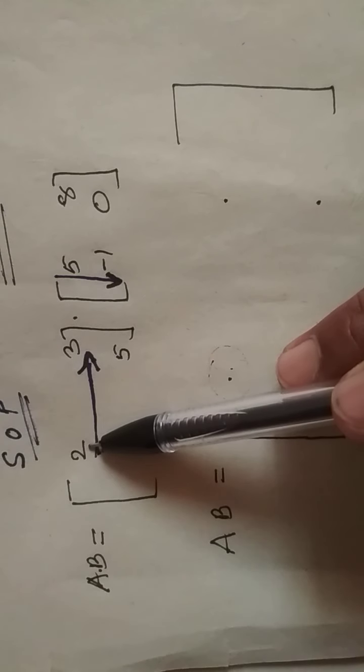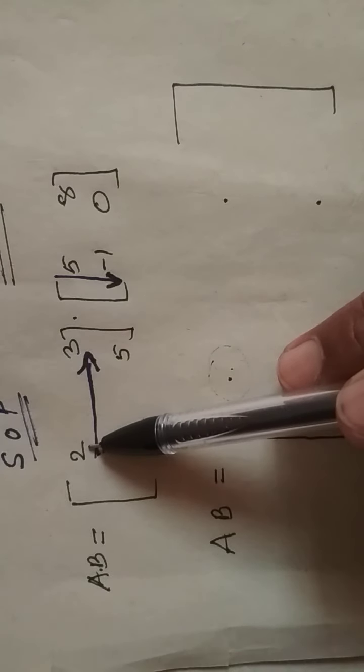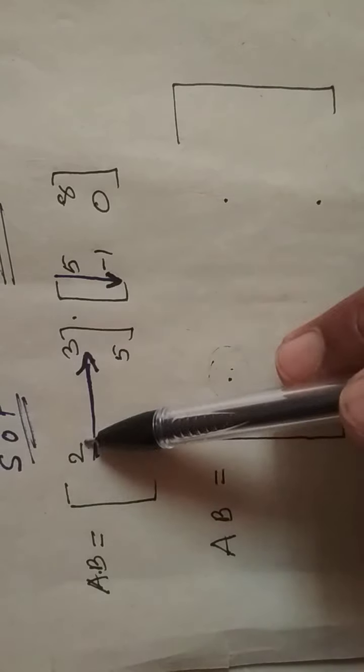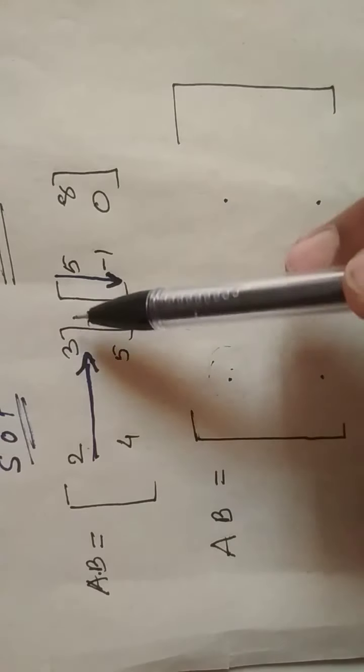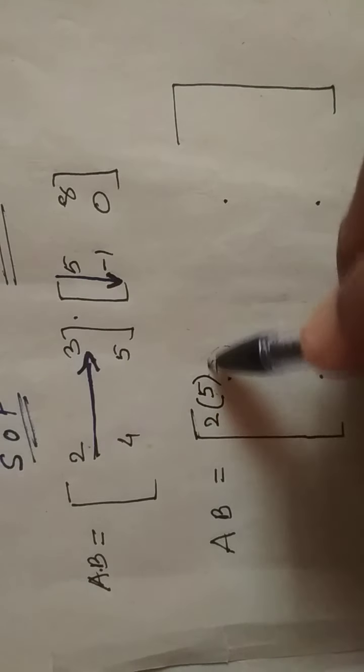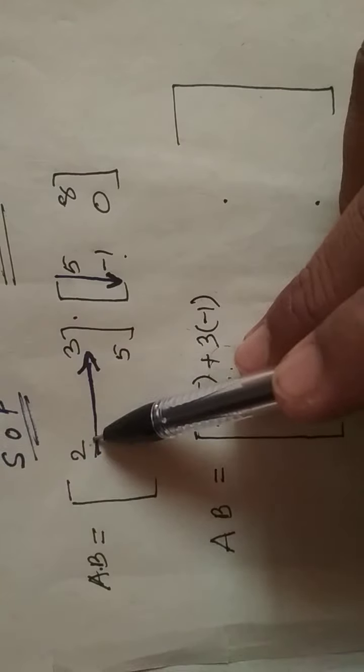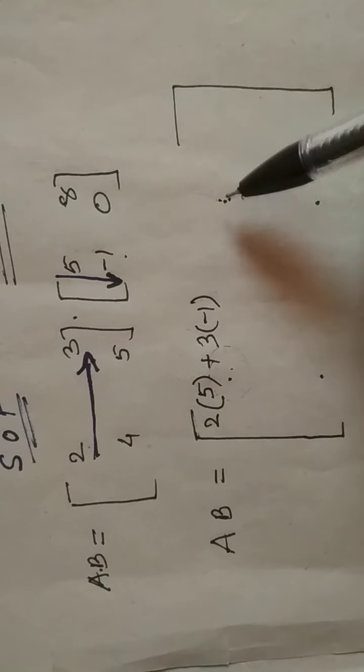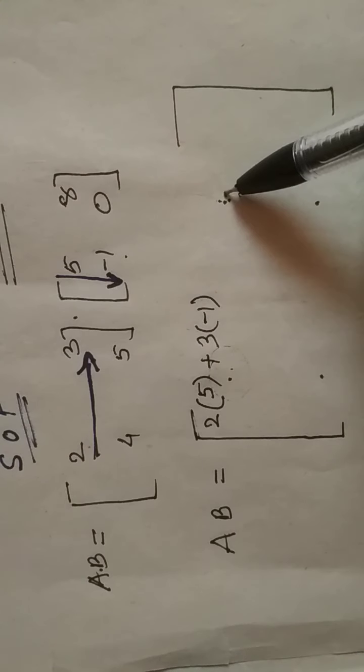First row, first column: the first row of the first matrix, that is 2 into 5 plus 3 into minus 1. Then, this particular location is first row, second column.